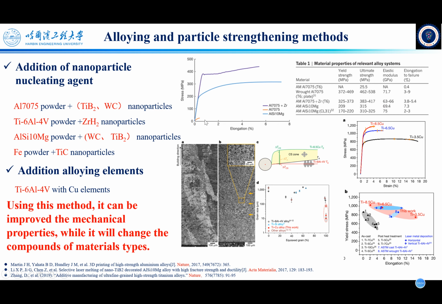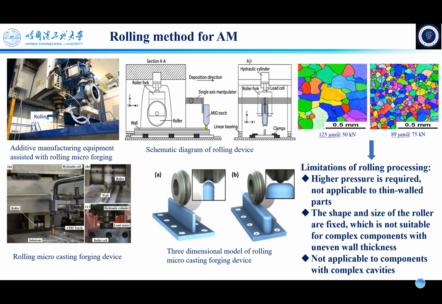The other methods are alloying and particle strengthening methods, which can improve the mechanical properties, while they will change the composition of material types, which may influence other properties of materials. Based on the methods mentioned above, some researchers proposed the rolling method for the additive manufacturing process.